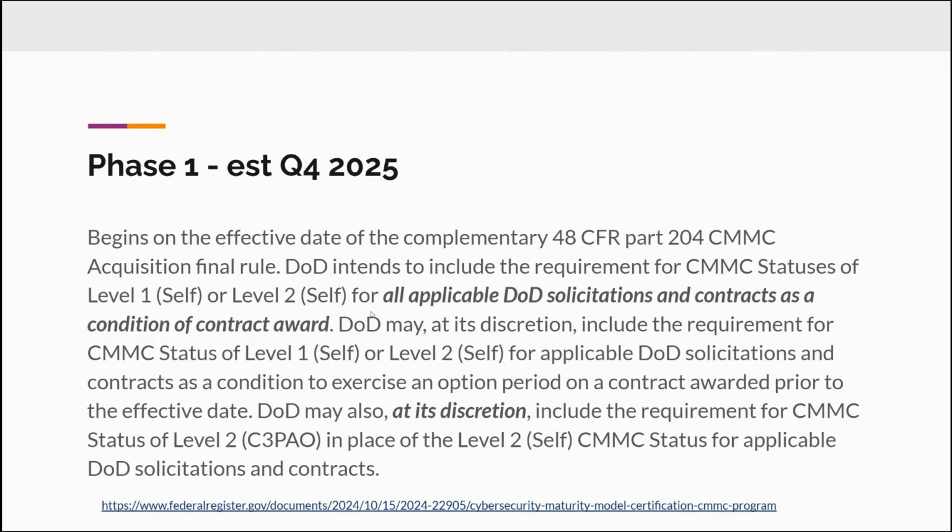So everything is self for contract award. They might also add it to exercising an option for existing contracts. And then they have discretion to say, you know what, self, it's not going to cut it for this contract. We need you to have a cert for this contract. So that's phase 1, which will start as soon as it comes out.